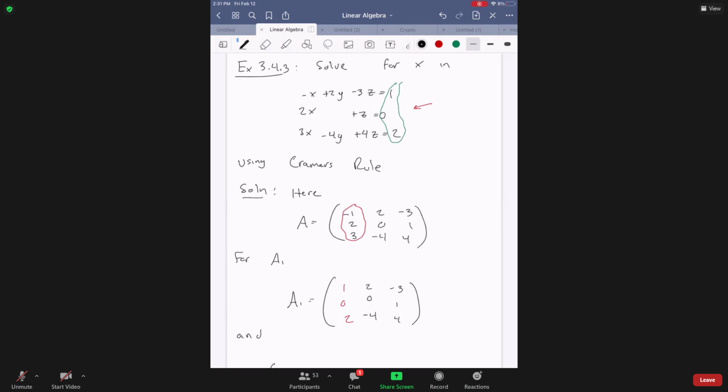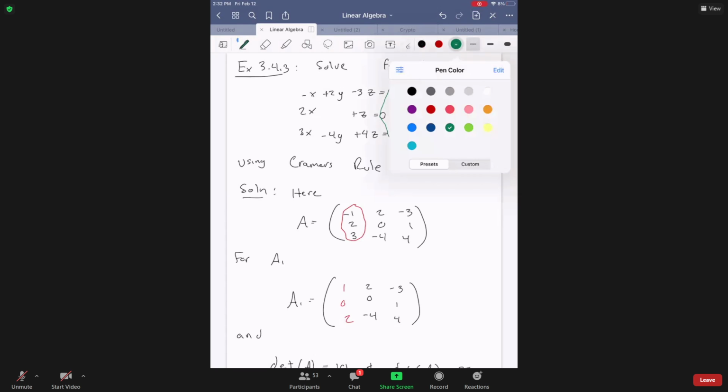I won't do all the computations. The determinant of A should be 10, and the determinant of A1 should be equal to 8. Now all you do is use Cramer's rule: take the determinant of A1 divided by the determinant of A, and that should be your solution for x.